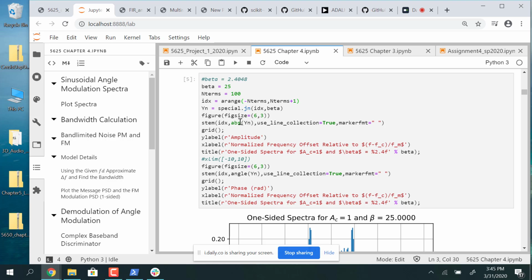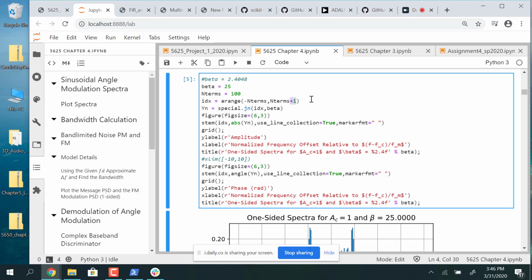And then what I did is I created my own line function in here. I decided to use the stem function and just have it plot the spectrum. So here I'm having it plot through all the terms, all the harmonics running from minus 100 up to 100. I put the plus 1 in here to make sure that I go inclusively from minus 100, pass through 0, and stop at plus 100.